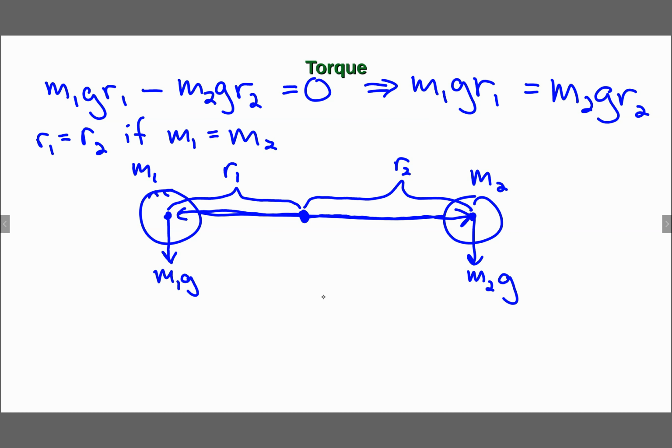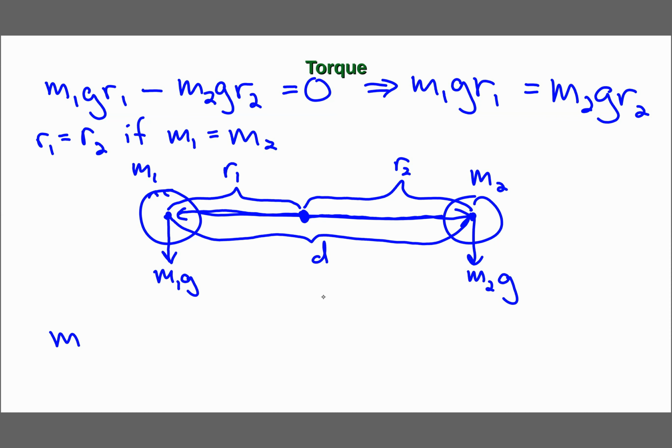In that case, we have this distance m1 and r1, and we can see that we have some distance between the center of masses of the objects, d. Okay? So what I want is for the torque on either side to be the same.